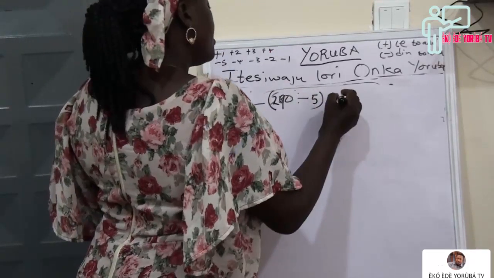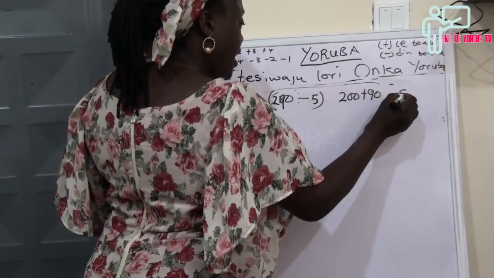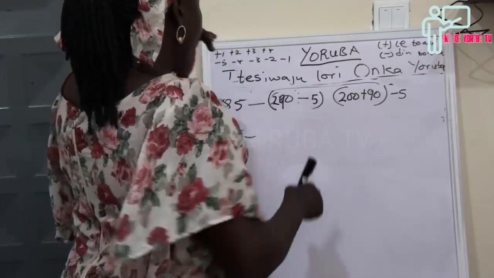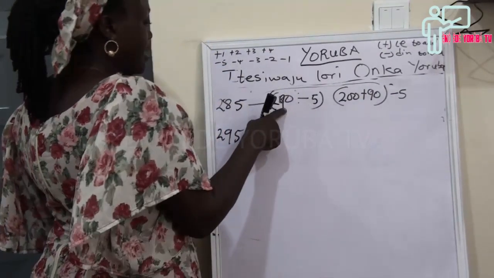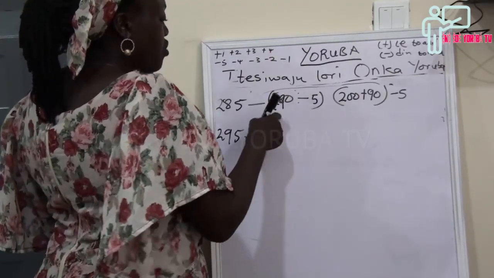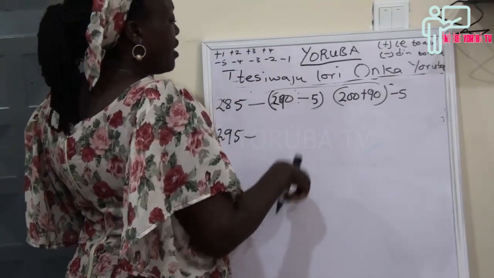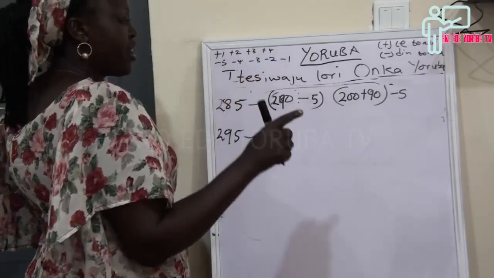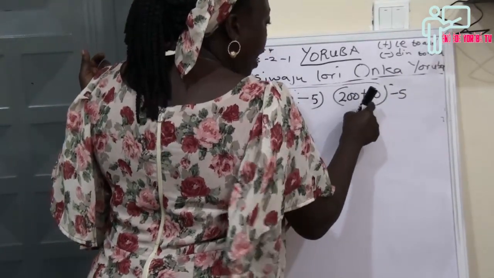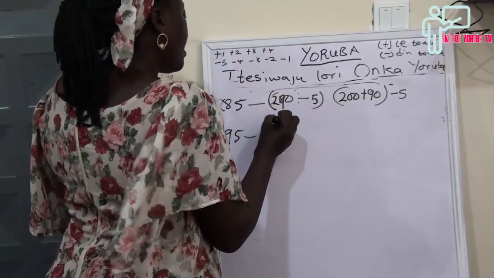Or you say 200 plus 90 minus 5. That is, when you remove 5 minus 90 now here, what is 90? Àádọ́wàá. So you can say àádọ́wàá lé lúgba ó dín márùn. This is it. Àádọ́wàá lé lúgba ó dín márùn.